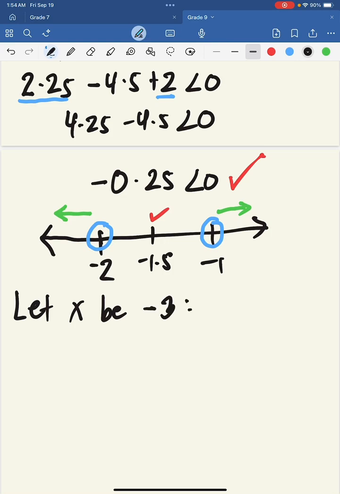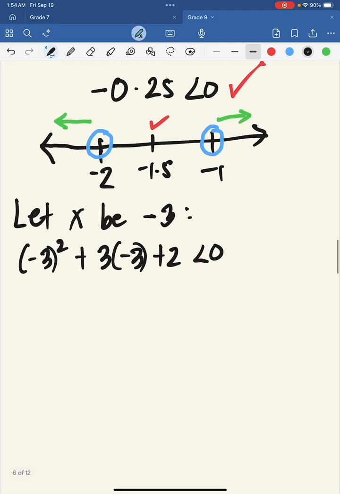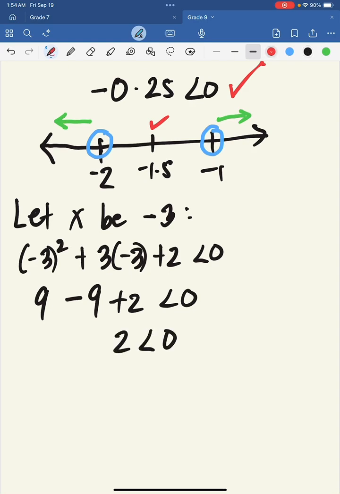Negative 3 squared plus 3 times negative 3 plus 2 is less than 0. Negative 3 squared is 9, minus 9, plus 2. 9 minus 9 is 0 plus 2, and 2 is not less than 0, which means the numbers less than negative 2 do not satisfy the given inequality.